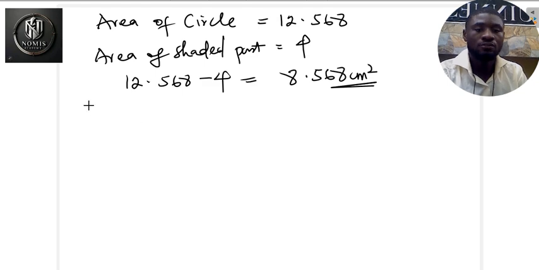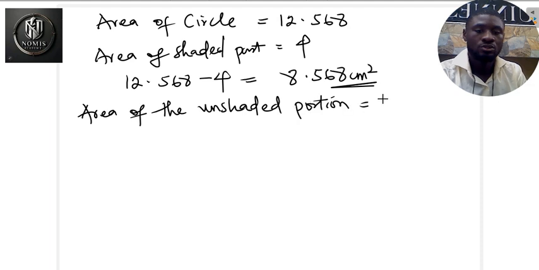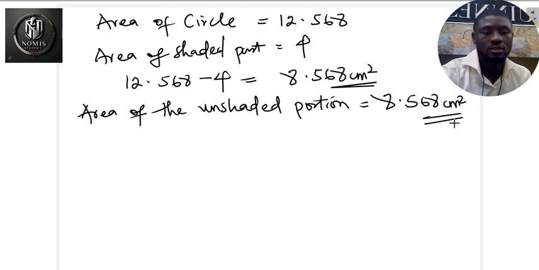So the final answer, which is for the area of the unshaded portion or part, is equal to 8.568 centimeter squared.